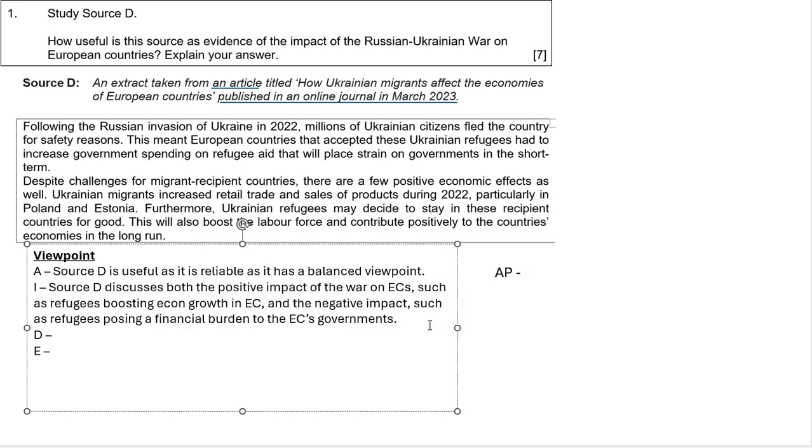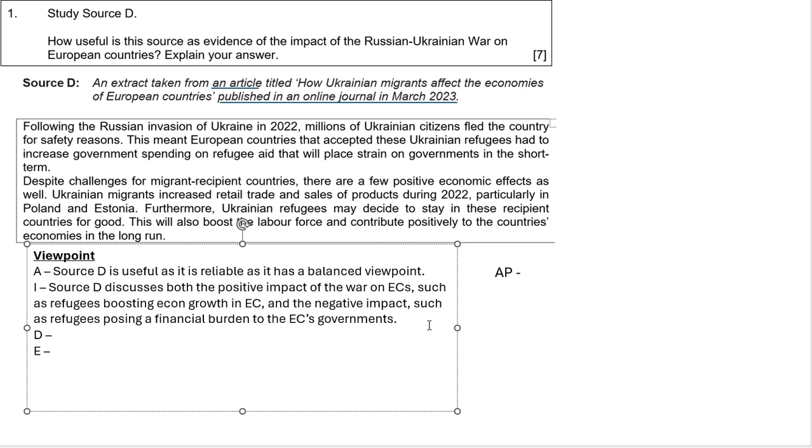So in this case, you realize that source D discusses both the positive impact of the war on European countries, such as refugees boosting economic growth in these European countries, and the negative impact, such as refugees posing a financial burden to the European countries' governments.